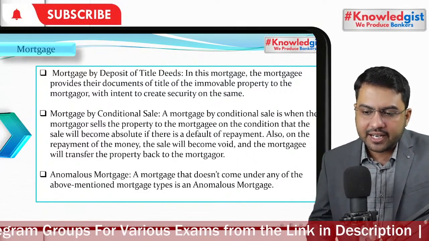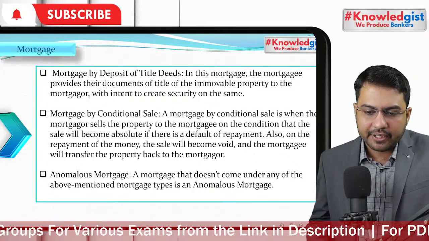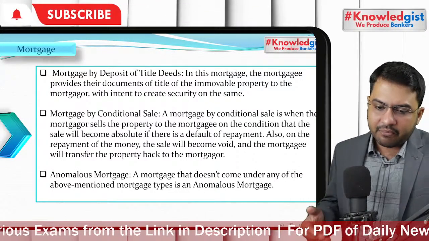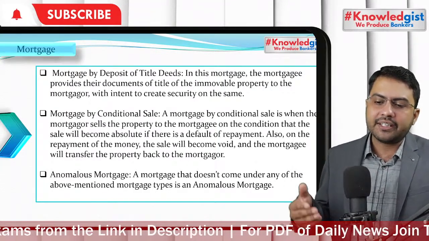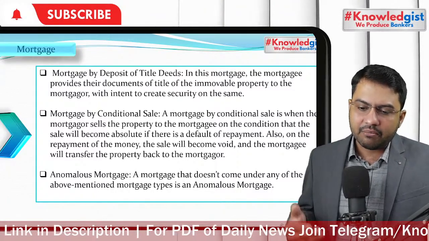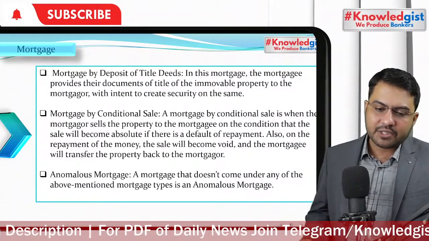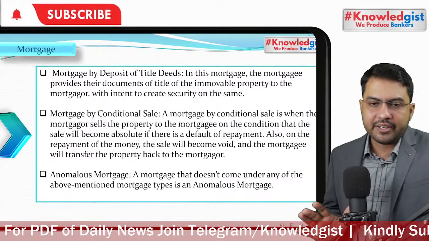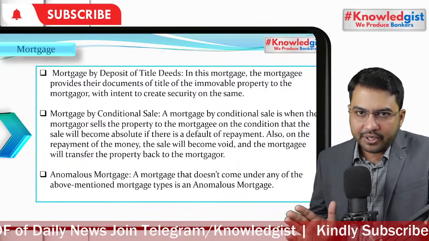Mortgage by conditional sale is when the mortgagor sells the property to the mortgagee on the condition that the sale will become absolute if there is a default in the repayment. Also, on the repayment of money, the sale will become void and the mortgagee will transfer the property back to the mortgagor.